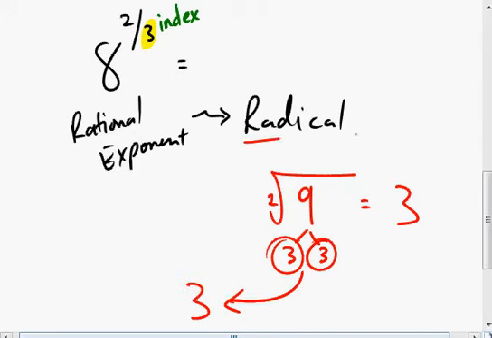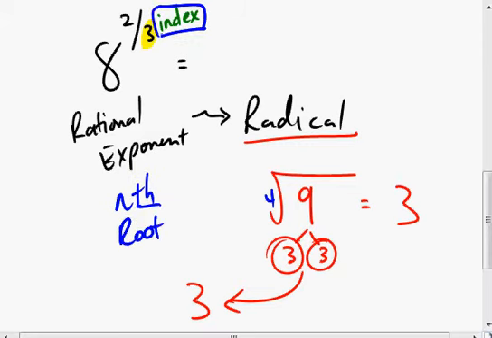Now, these radicals, which look like these fancy dividing symbols, aren't always square roots. Maybe the first time you've ever realized that. You could have a cubed root, or a fourth root, or any root we'll call an nth root, or the index. Okay? That's what the bottom number of the fraction is when it's a rational exponent.